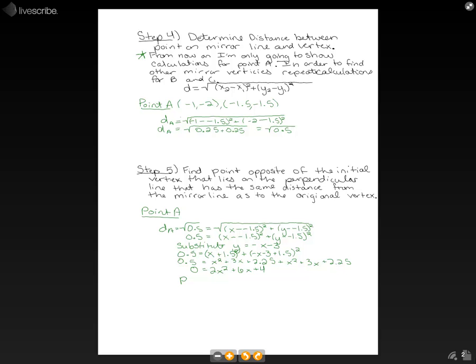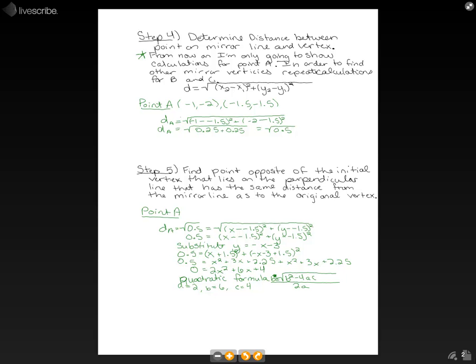Using the quadratic formula, x equals negative b plus or minus the square root of b squared minus 4ac, all divided by 2a, where a equals 2, b equals 6, and c equals 4.